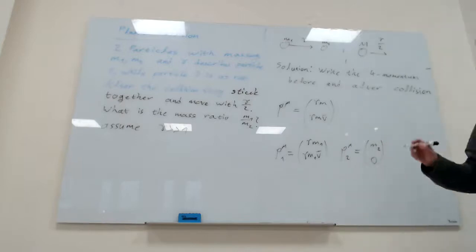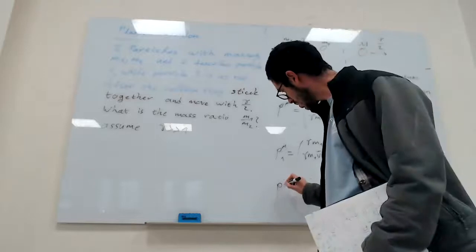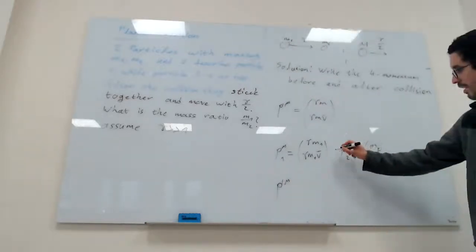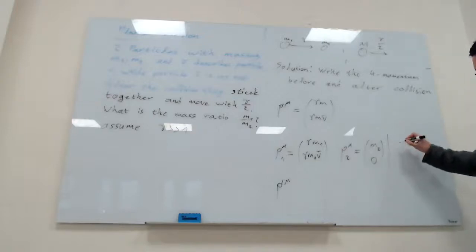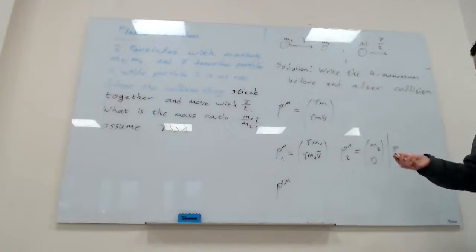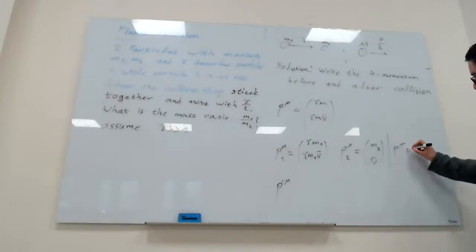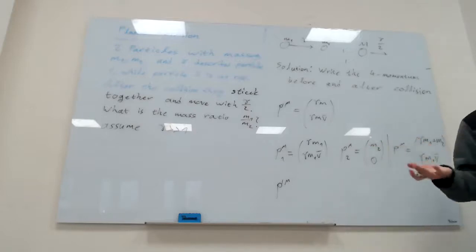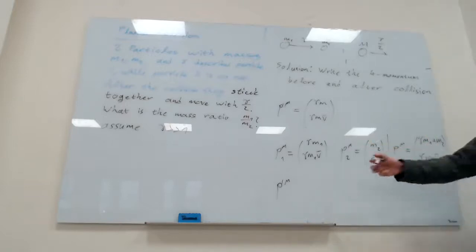What do we have after the collision? Just for completeness, the total energy equals gamma m1 plus m2.